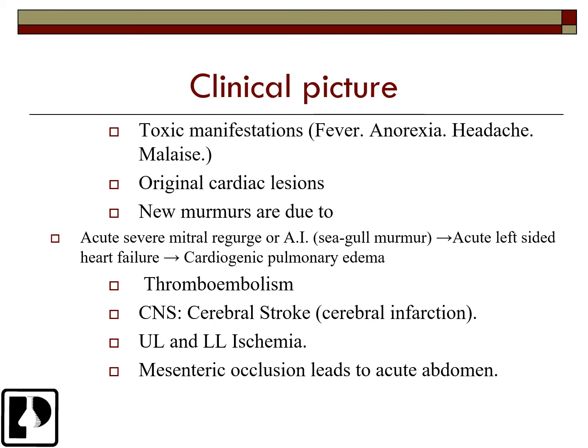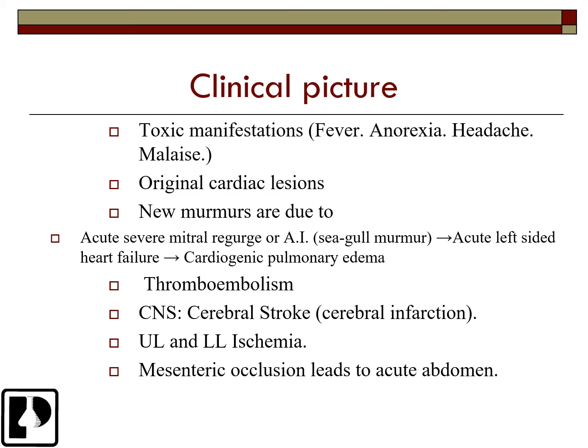Also, a new murmur may develop, and this is a very characteristic sign for infective endocarditis. If a new murmur is developed, it means that I have an active lesion now and have a problem now. So this is very characteristic for infective endocarditis.